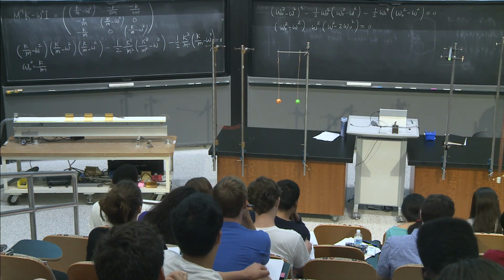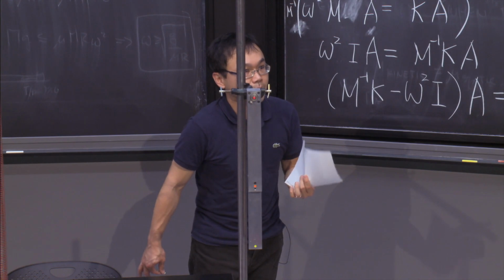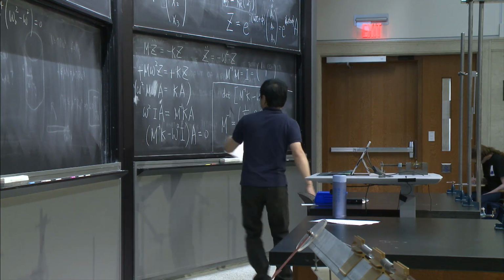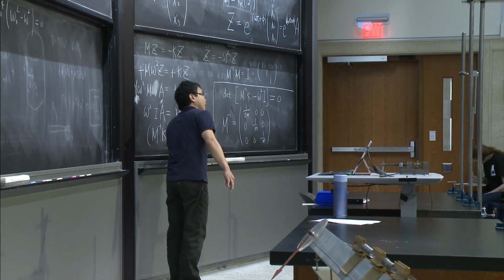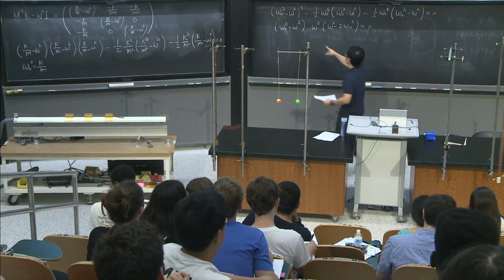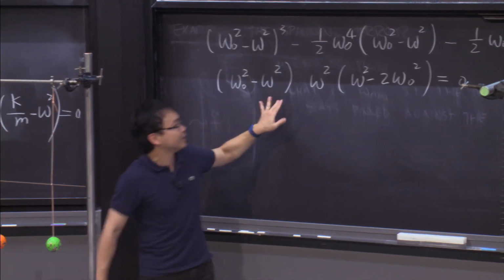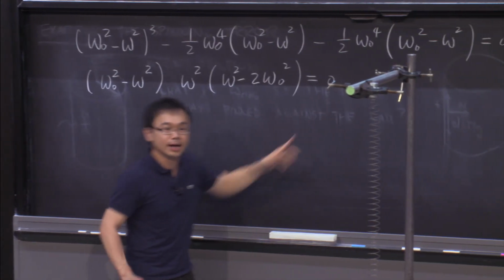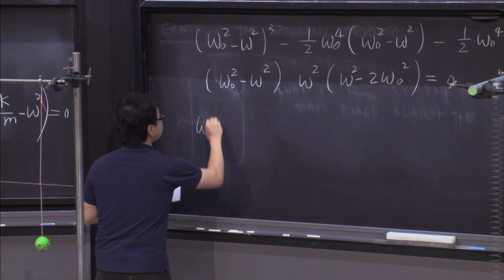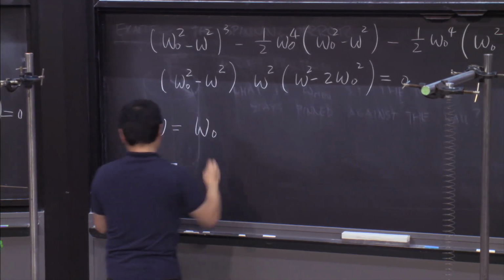So you can see now what are the possible solutions of omega, the unknown angular frequency we are trying to figure out. You can see that there are 3 possible omegas that can make this equation equal to 0, right? The first one is omega equal to omega 0.